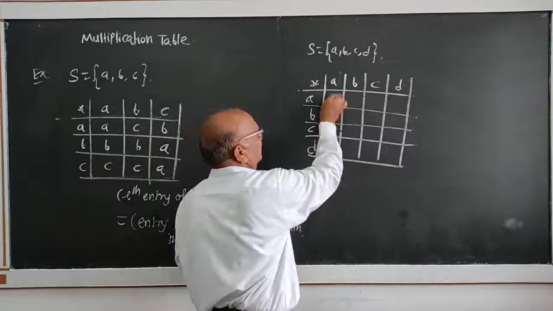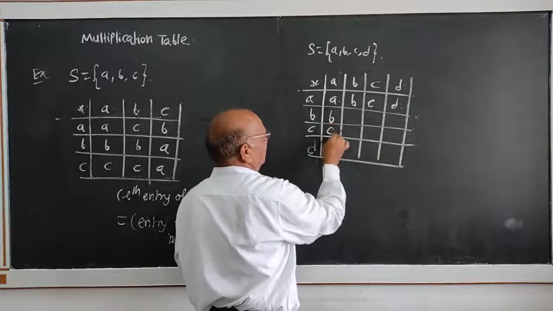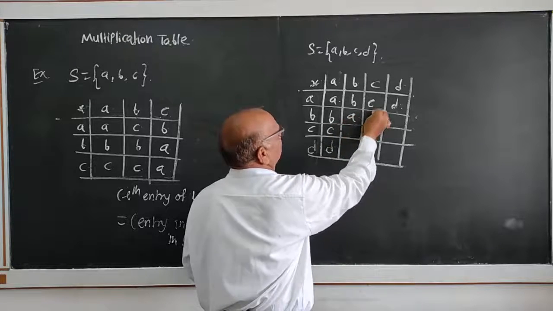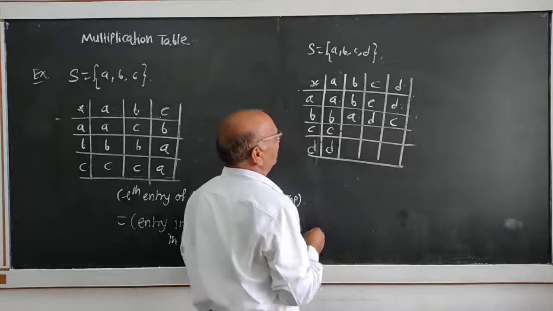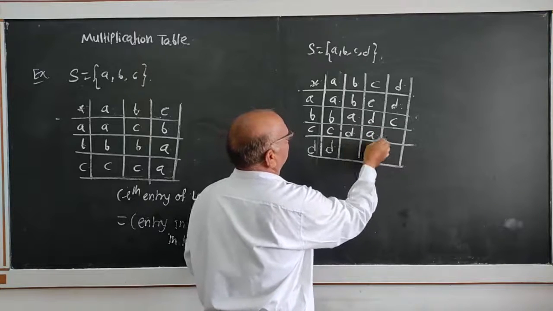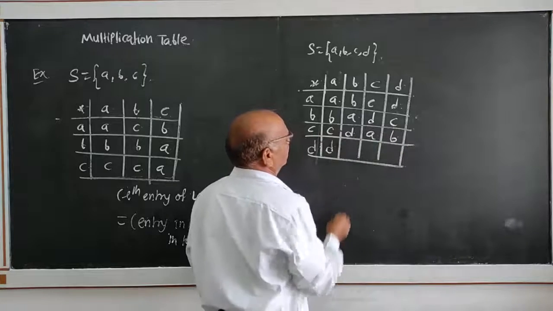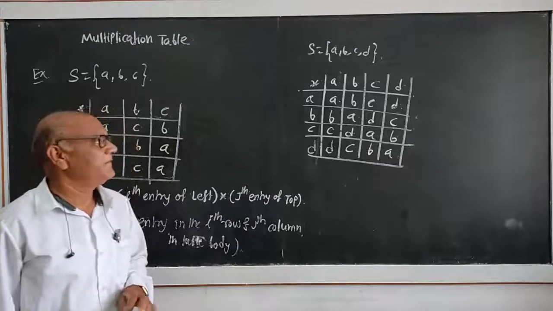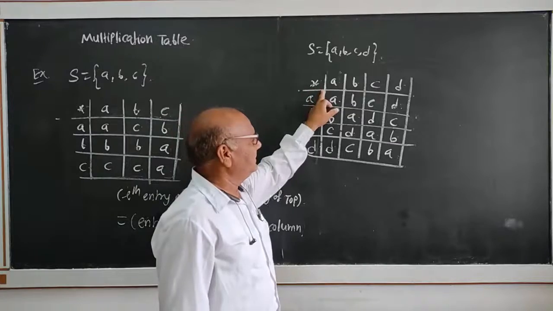Suppose here A, B, C, D, B, C, D, A, D, C, D, A, B, C, B, A, like this. Clearly star is a binary operation.